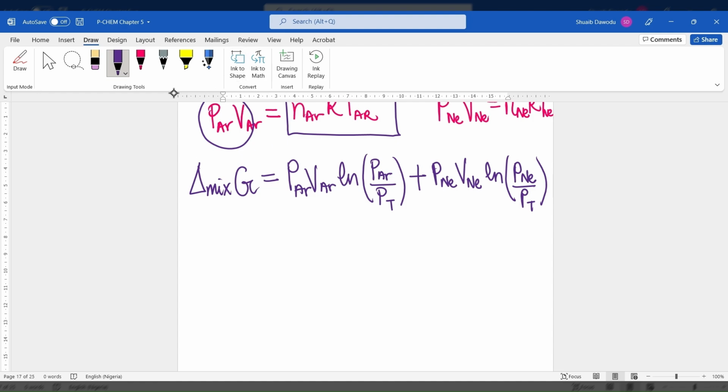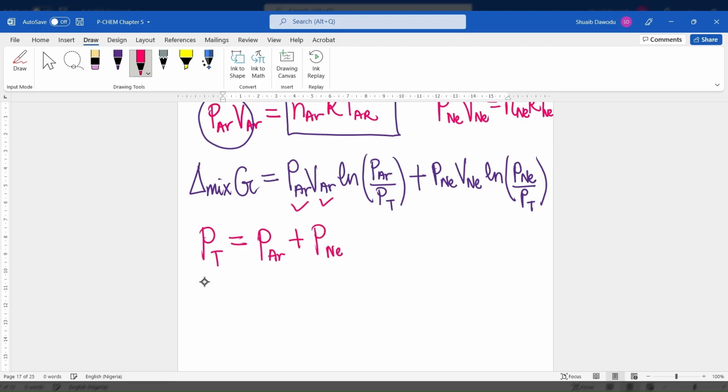Now, we have the pressure for argon, we have the volume for argon, we have the partial pressure of argon, we have everything else except for the total pressure. For those of you who don't know, if you remember Dalton's law of partial pressures, the total pressure in a mixture is equivalent to the sum of the individual partial pressures of each one of the components. So in this case, the total pressure would just be the partial pressure of argon plus the partial pressure of neon.